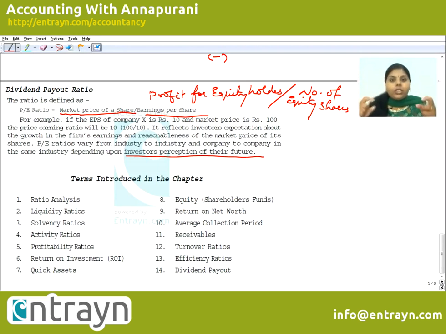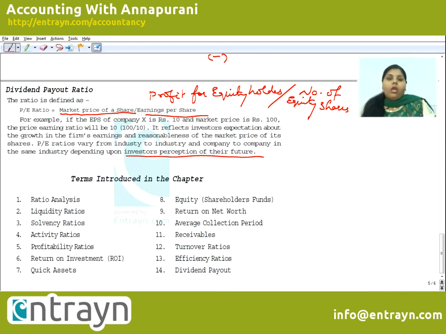It's that excess portion of the profit that is paid off to the shareholders. It's called dividend for the money that they have invested in our company. And the payout is based on the market value of the share and the earnings of the share that we have got. Okay, so dividend payout is based on the market value of the share to the earnings of the share.